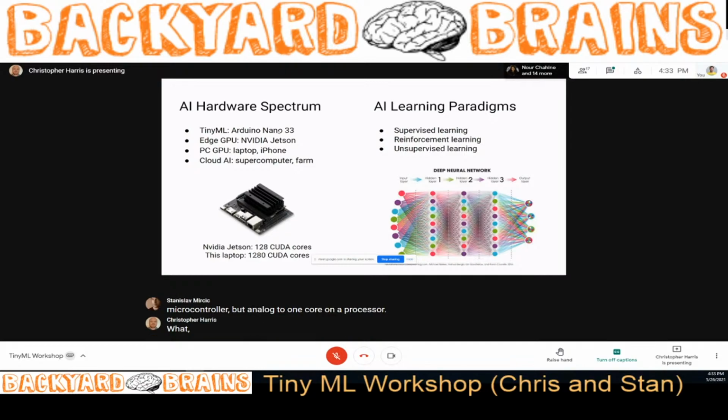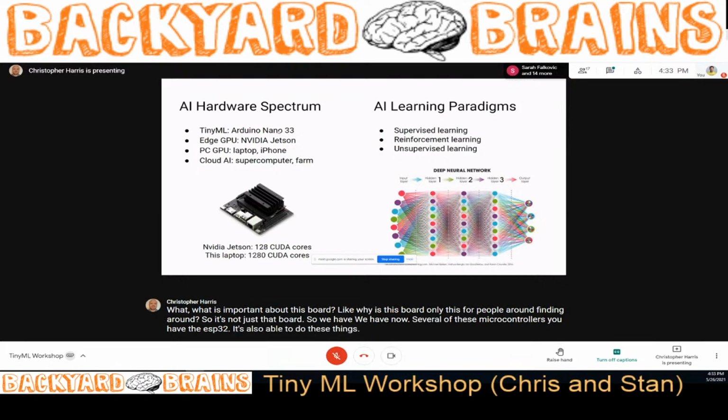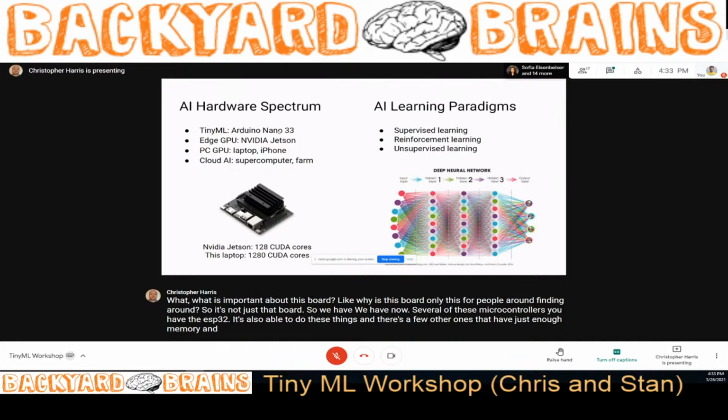What is important about this board? Why is only this board used for TinyML? It's not just that board. We now have several of these microcontrollers. The ESP32 is also able to do these things, and there are a few other ones that have just enough memory and processing speed to make it doable.